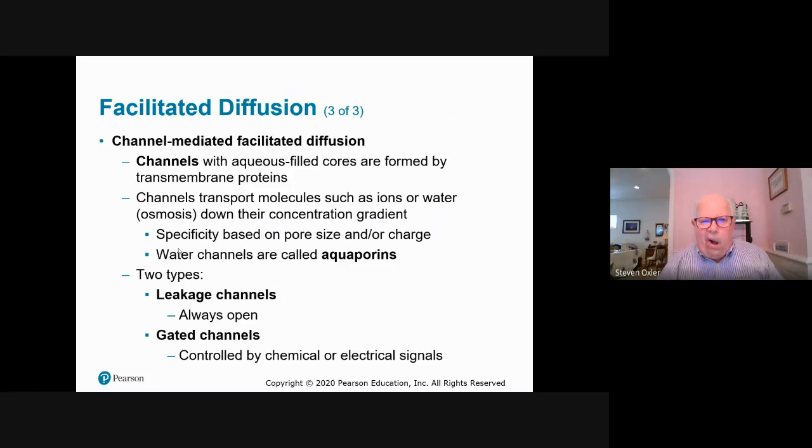Basically, these are all water channels. And those water channels are known as aquaporins, for channel-mediated facilitated diffusion, known as osmosis. Whenever we transport water down a concentration gradient, it is known as osmosis.